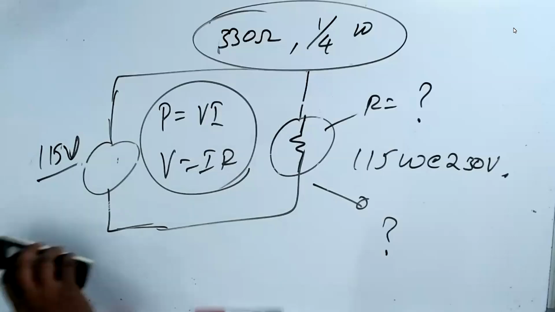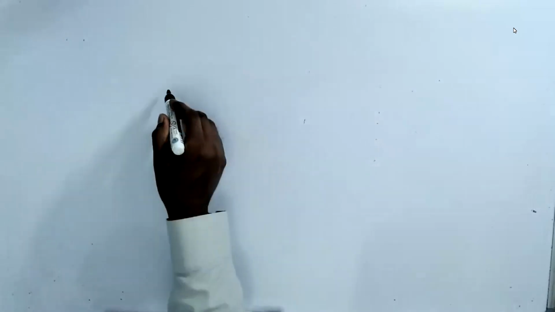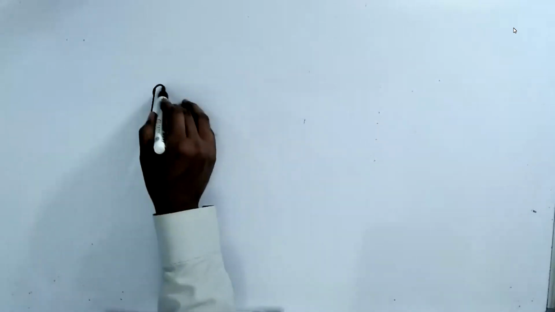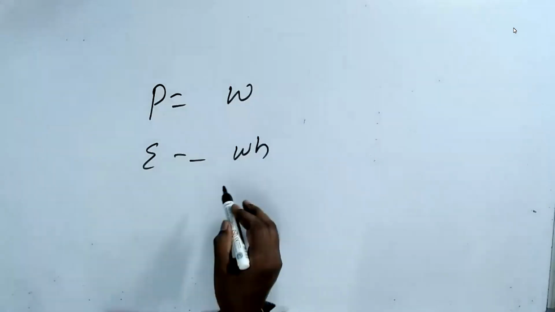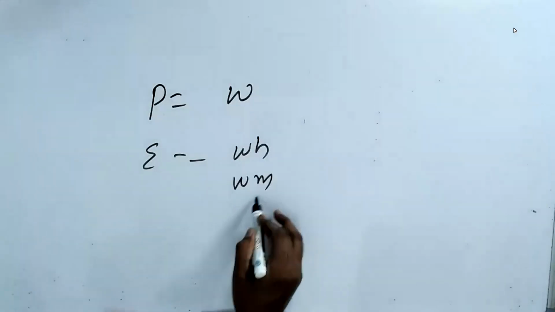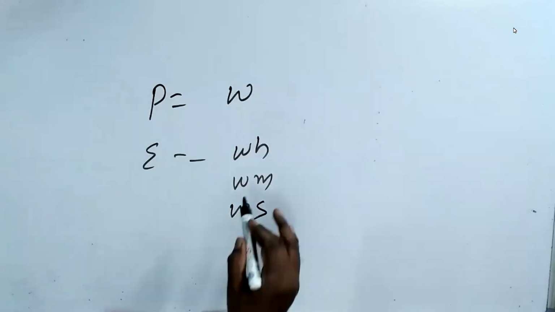There is some more thing which I have not mentioned here. I told you that power is measured in watts, and energy is watt hour, watt minute, or watt second, or kilowatt hour, depending on what somebody is using.